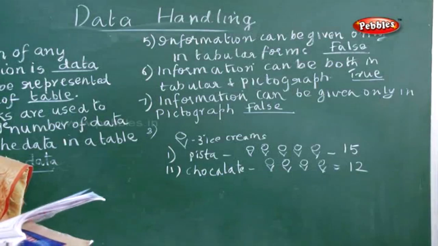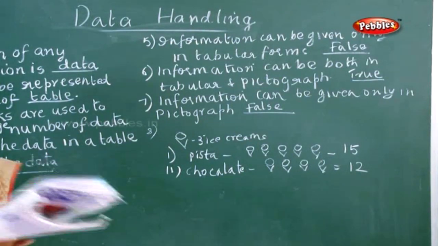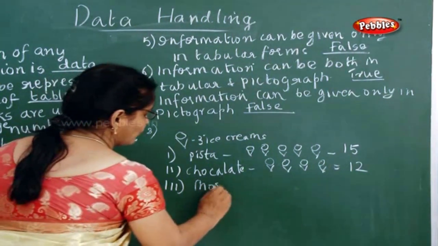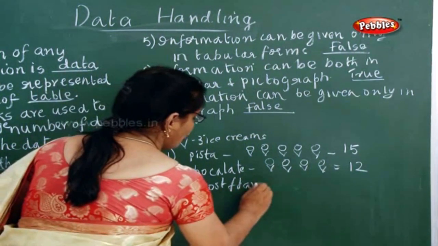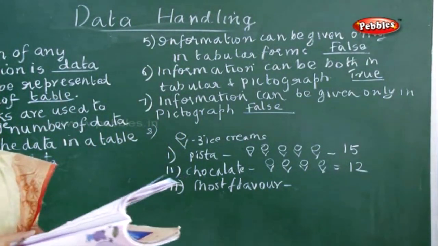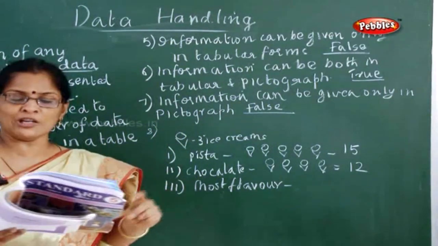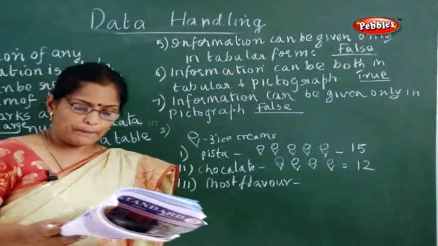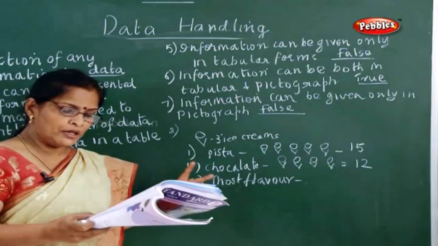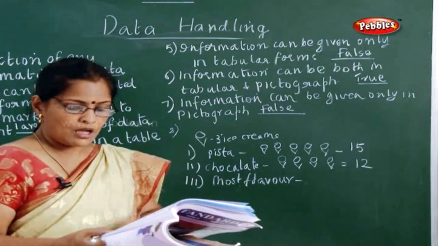Now the flavor that was sold the most, which one was it? Now you have to see in the tabular column which was more. See, vanilla it was 3 into 3. It is 9. Pista it was 5 into 3, 15. Then strawberry it was 2 into 3, 6.